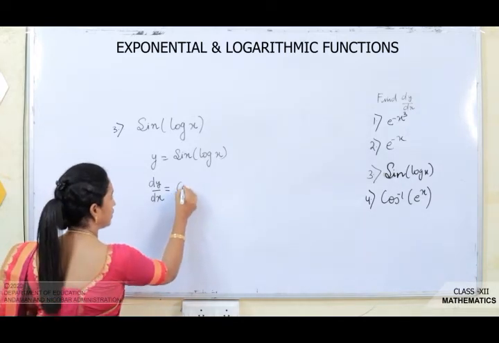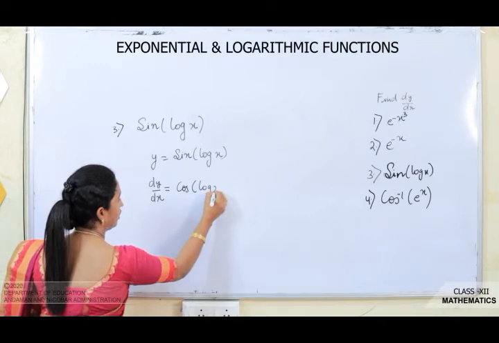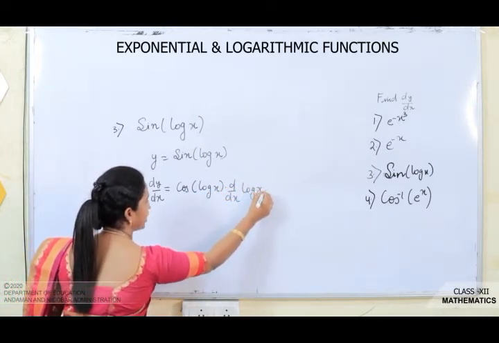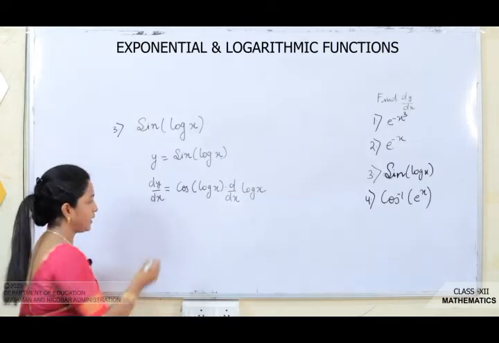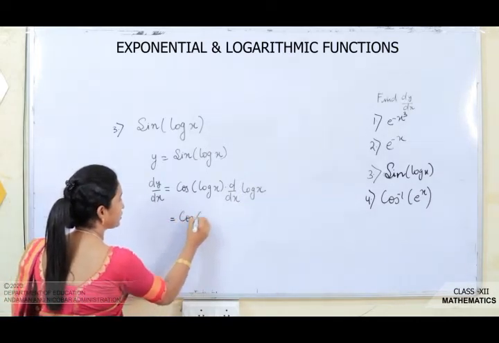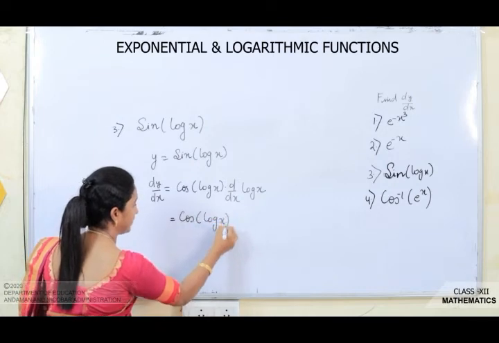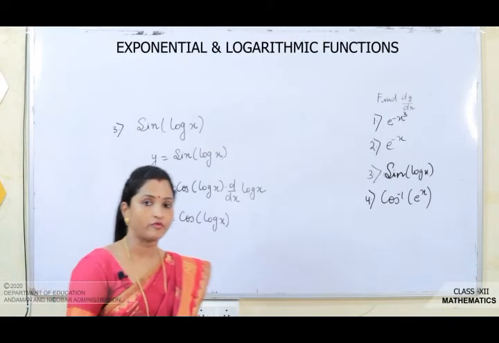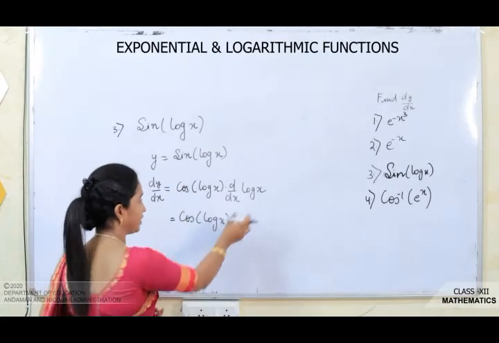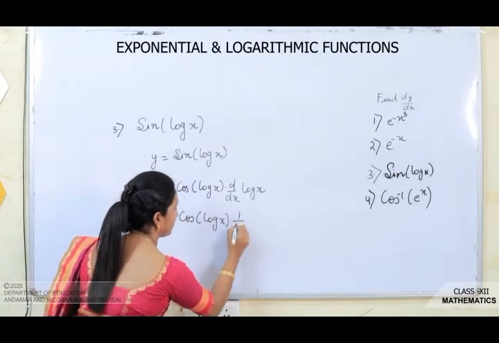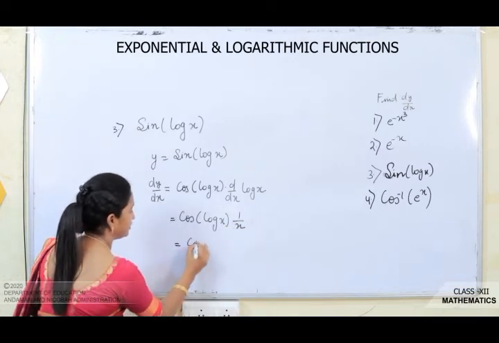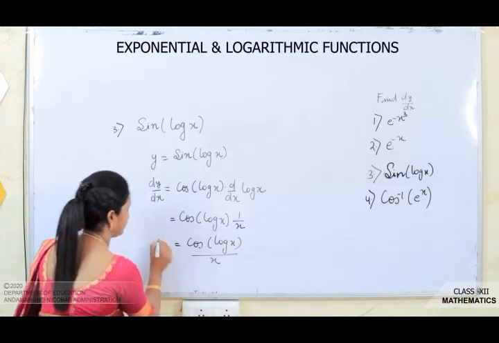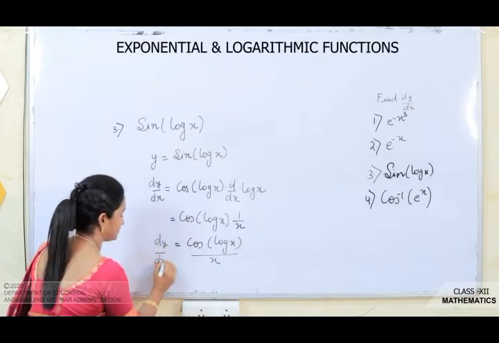So, you will get cos of log x into d by dx of log x. I am applying chain rule here. Okay. So, cos of log x into, what is the derivative of log x? Just now I have explained to you, the derivative of log x is 1 by x. So, you can write 1 by x in place of d by dx of log x. So, finally, you got the answer as cos log x by x as dy by dx.